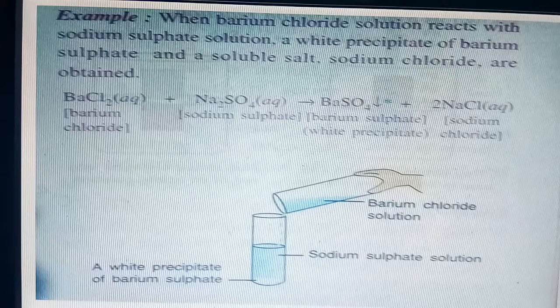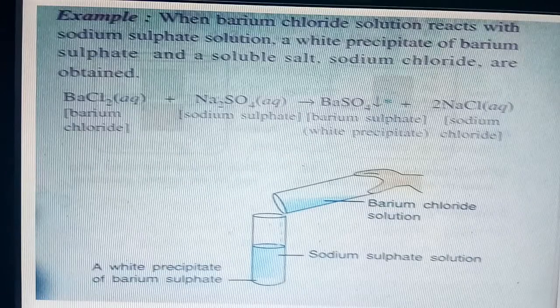Then when you get clear solutions of both compounds, you can mix them slowly. When you are mixing, you can see a white solid formed at the bottom of the test tube containing sodium sulfate solution. When you empty the barium chloride solution in, you can see a white precipitate of barium sulfate.